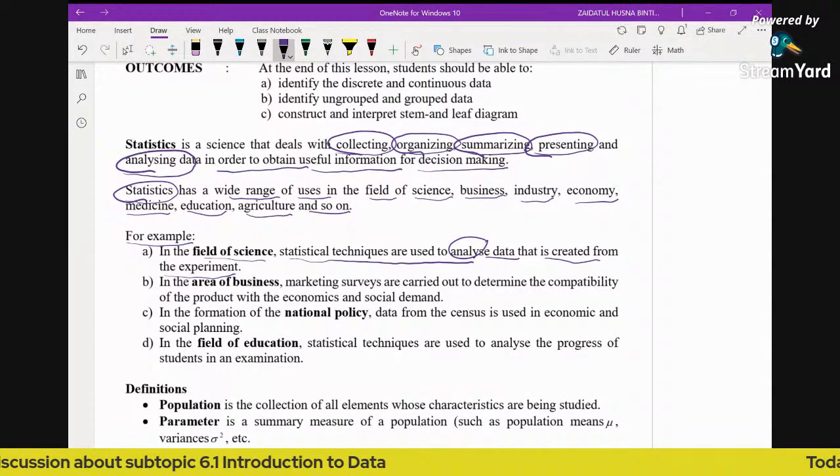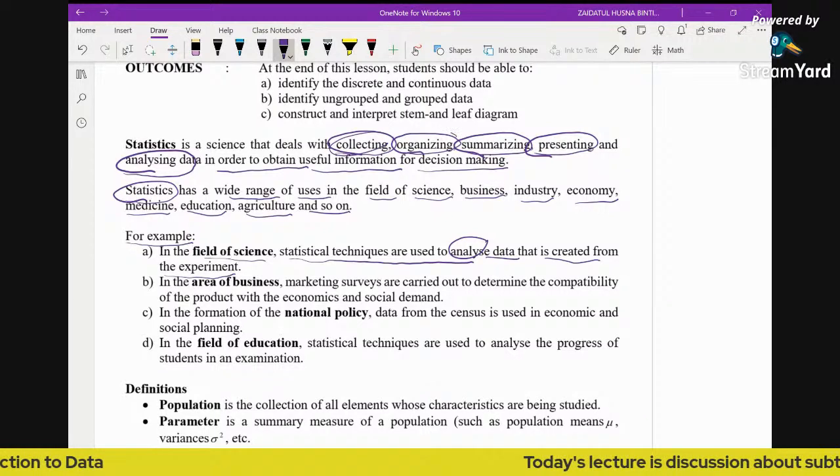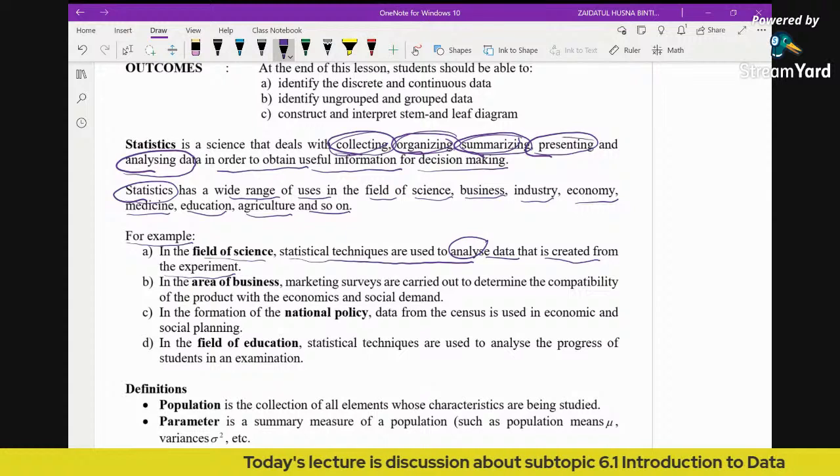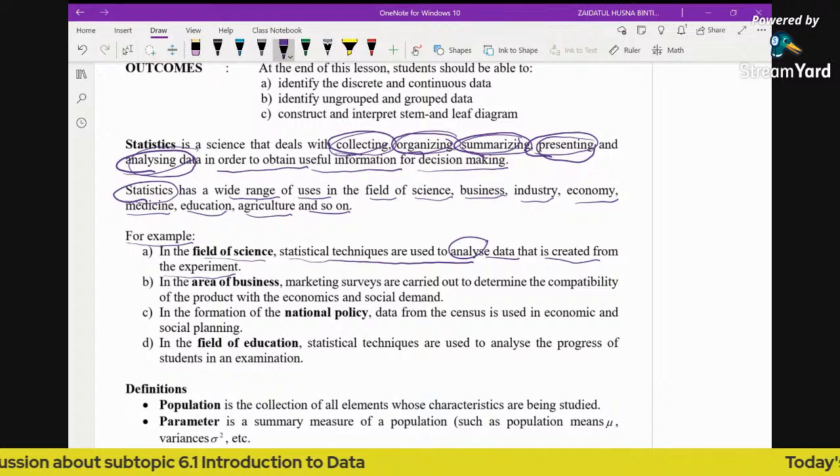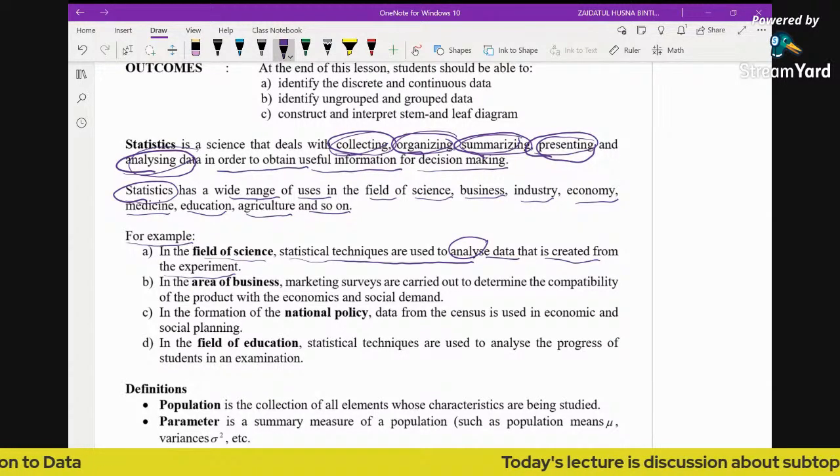That is actually statistical techniques, because you collect data, organize data, summarize, and sometimes present the data to lecturers and analyze it. So actually you have been applying statistical techniques, but you just don't realize it.